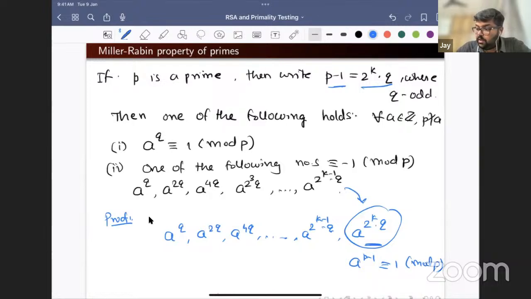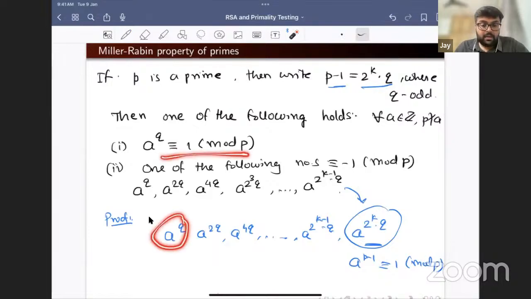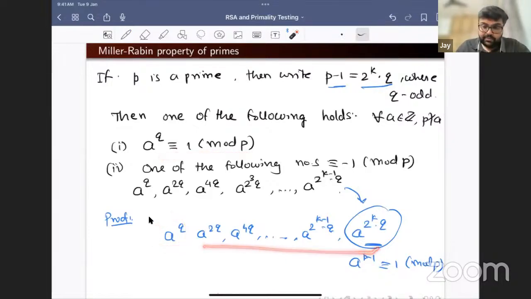And how do we get all these numbers? We get them by squaring the previous one. We start with a power q, the odd factor of p minus 1, and then we square. In the last number we are getting 1. So then there are only two possibilities. The first one is 1, and then we square and we get all 1s, 1 1 1 1, such a sequence. So then this is satisfied.